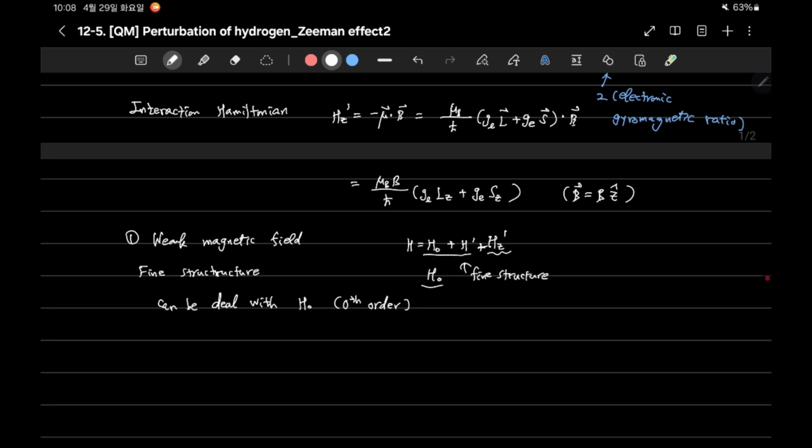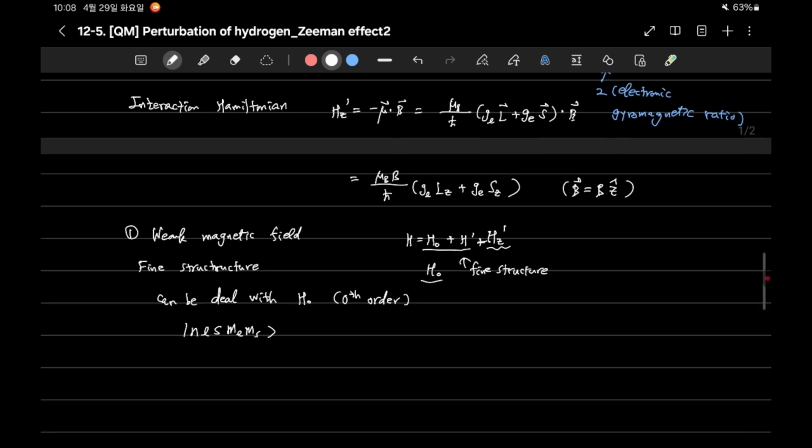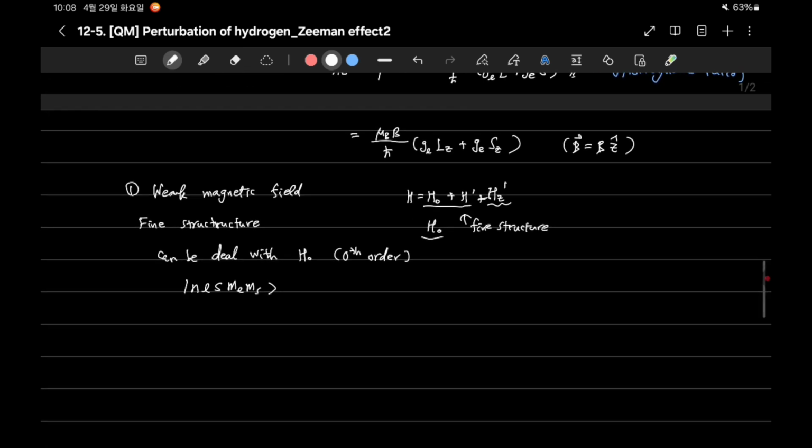Then we should use the basis, which in the previous case was n, l. Here we should consider the spin S, and m_l and m_s. We should use these bases because all of the quantum numbers are n, l, s and the corresponding l and s magnetic quantum numbers.